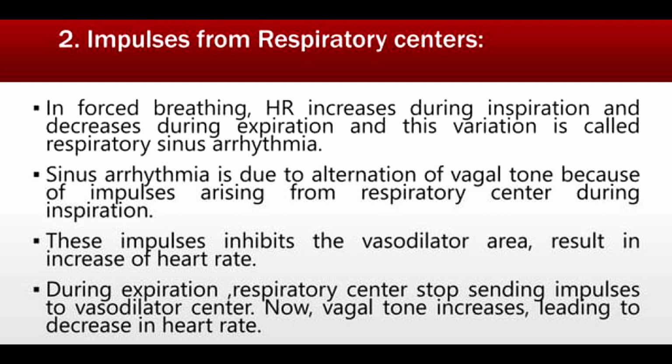These impulses inhibit the vasodilator area, resulting in increase of the heart rate. During expiration, the respiratory center stops sending impulses to the vasodilator center. The vagal tone increases, then there is a decrease in the heart rate.